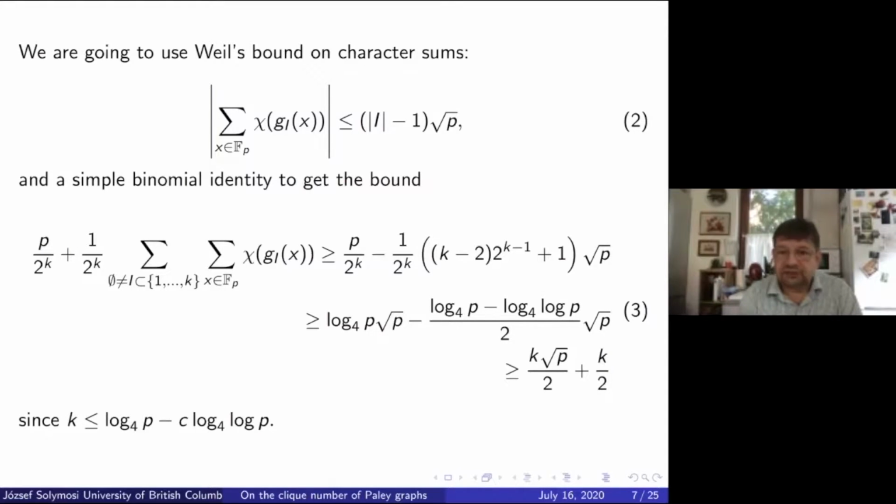So we have this result, the lemma is proved, and the lemma says that if you have any small set of vertices in your Paley graph, then there are many other vertices which are all connected to all of the elements of this small set.